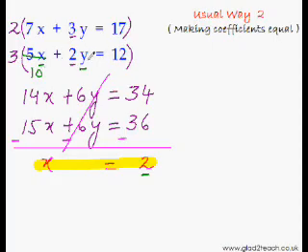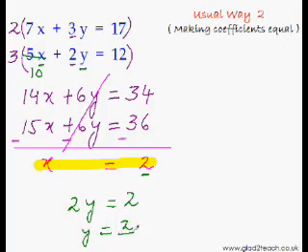That means 2y equals 12 minus 10, which is nothing but 2. So y is equal to 2 divided by 2, which is nothing but 1. And we have solved the question. x is equal to 2, y is equal to 1.